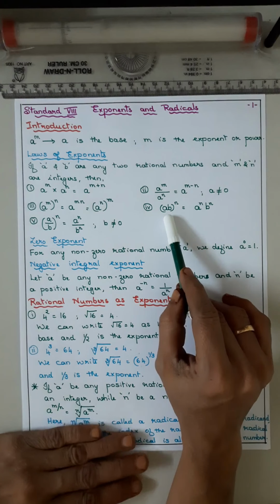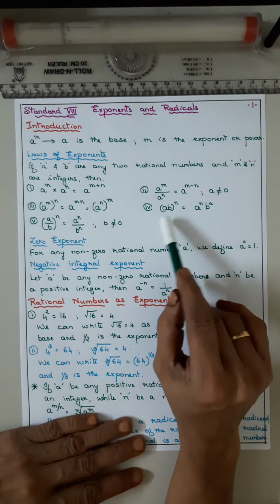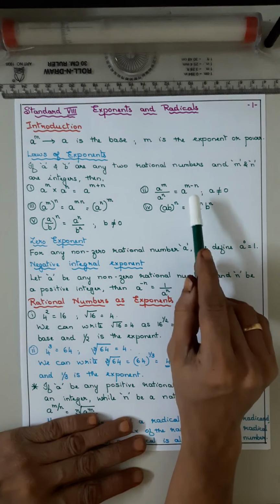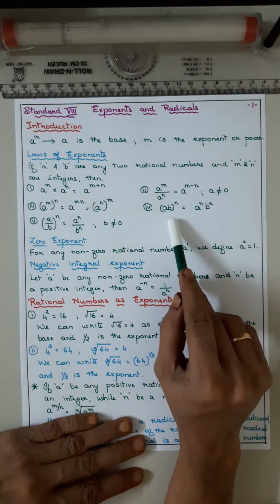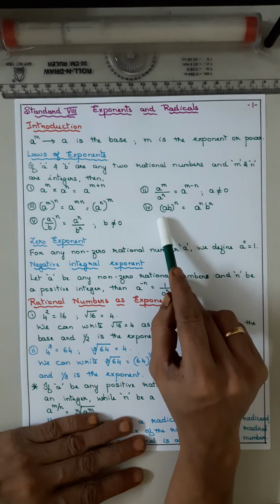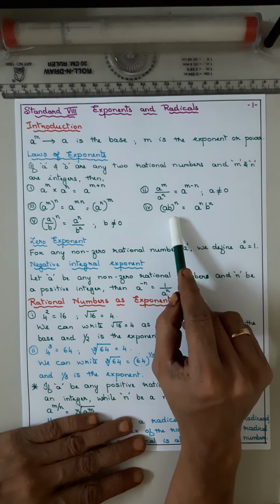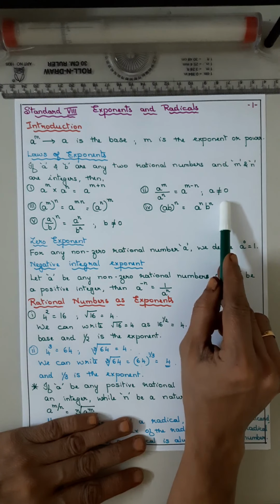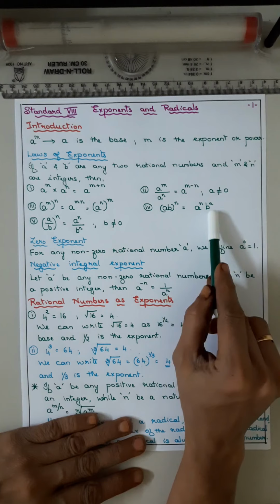Now the fourth law, the bases are different. ab the whole power n, means n is common for both a and b. That is why a to the power n, b to the power n. This is multiplication.